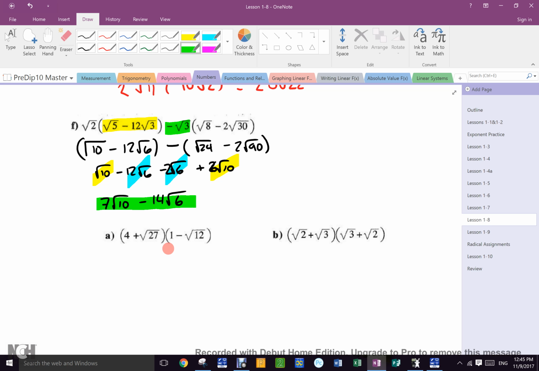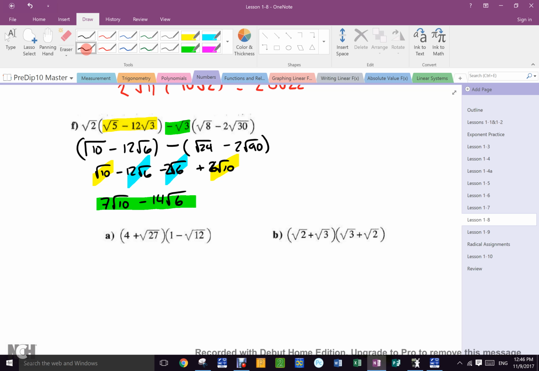But that's, again, just following steps for the sake of following steps. If you look at the question first and you say, oh, 27 times 12 is 324, well, that's 18. Square root is 18. So maybe I don't need to simplify first. Does it matter? No, as long as you're willing to put the work in.